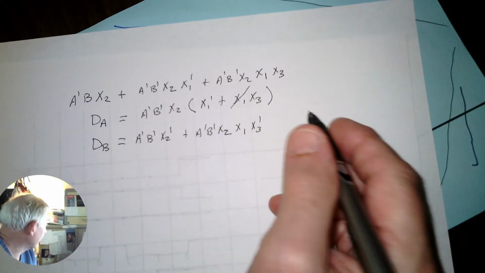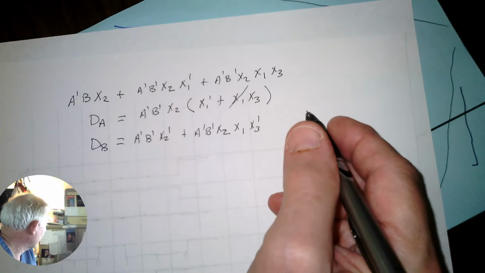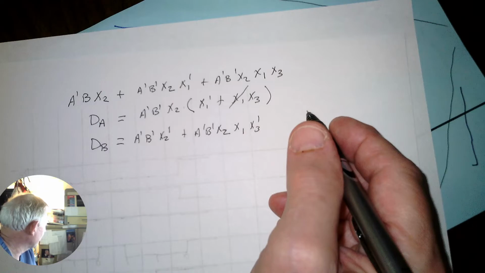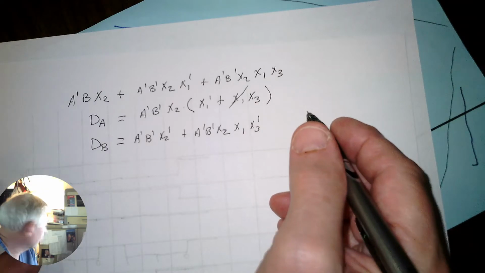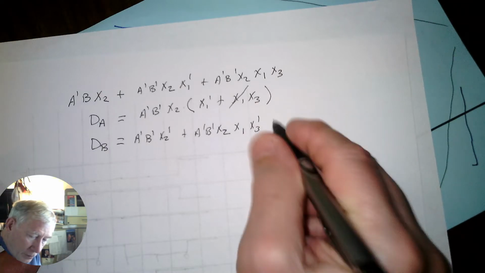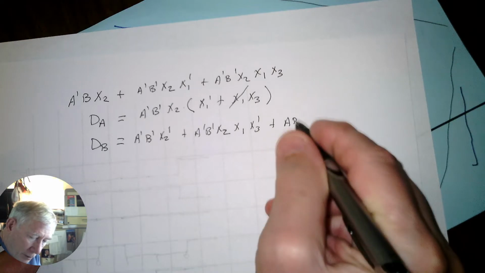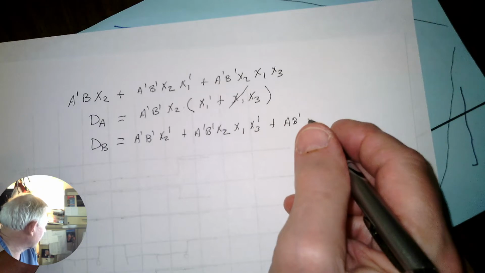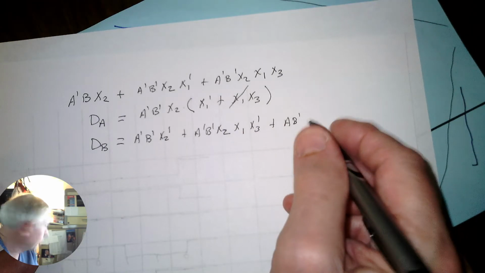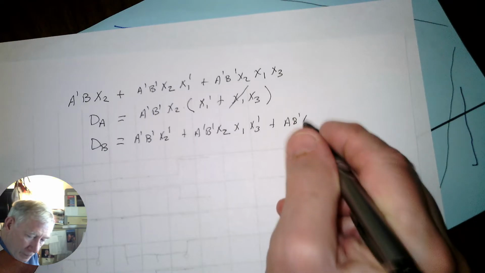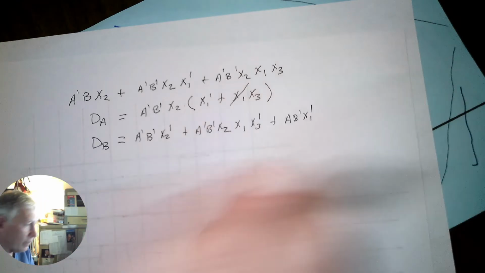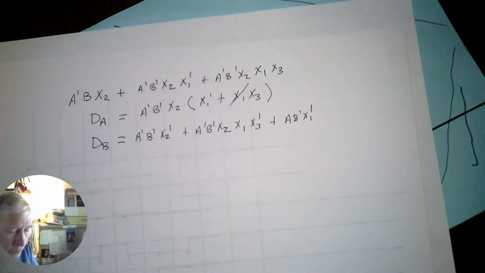So that's 2 paths in from S0, and then you do have a path from S2, and that one's going to be plus A B prime X1 prime. So that's pretty much it for the 2 flip-flop inputs.